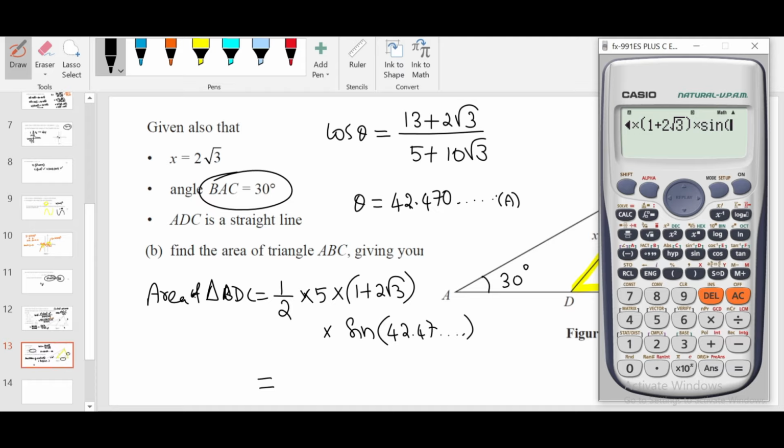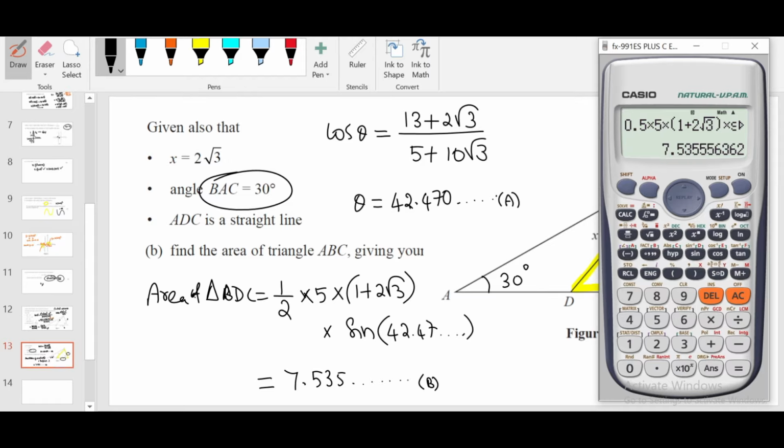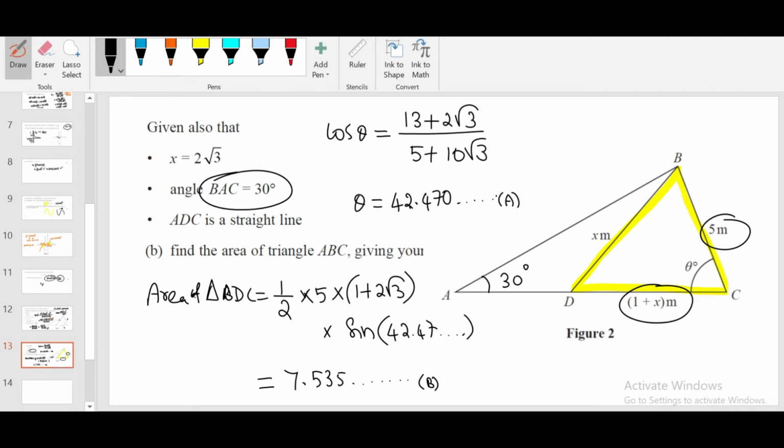I have stored this value as A. So I get one area of 7 point something. Again, we don't round the value, though I'm gonna write it here: 7.535, etc. I'm gonna store this value as B now. So shift RCL and then store it as B. The value has been stored as B already. So we got this area already.